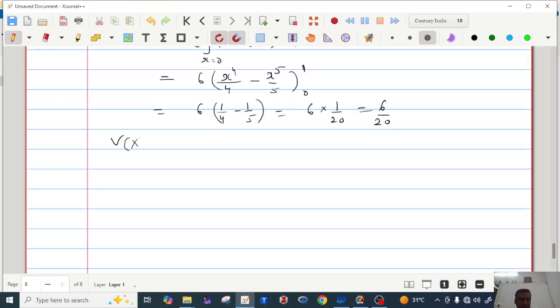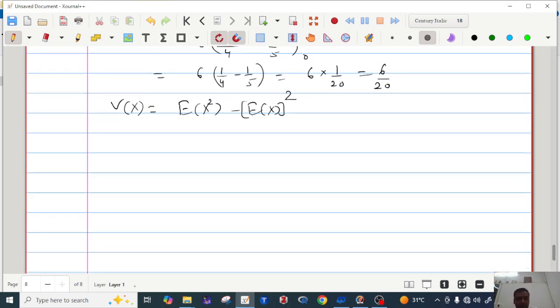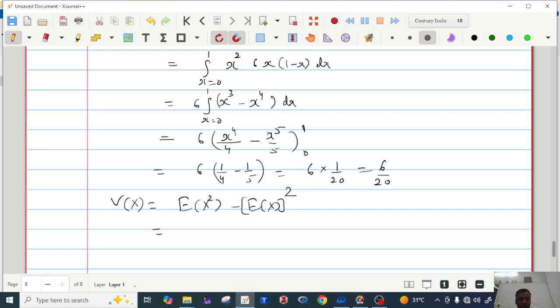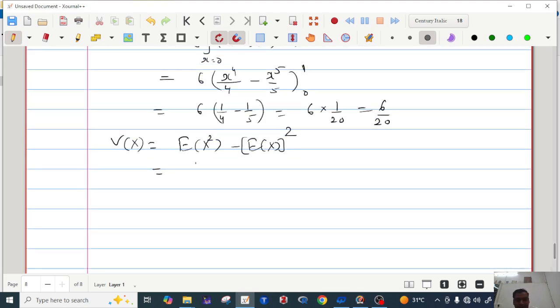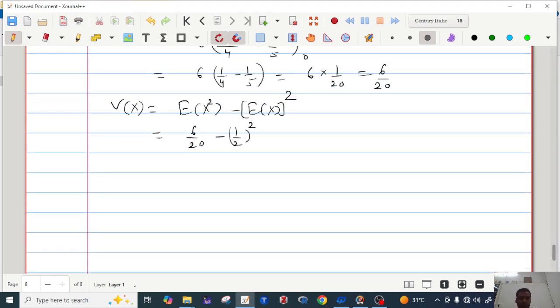The variance of x is then E of x square minus (E of x) square. Let's solve this.